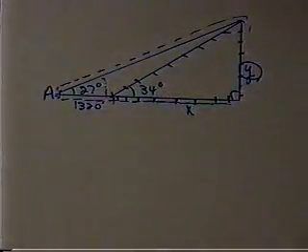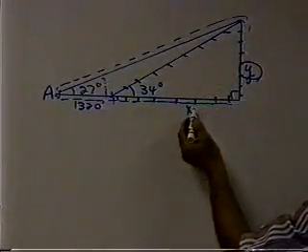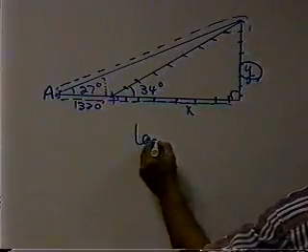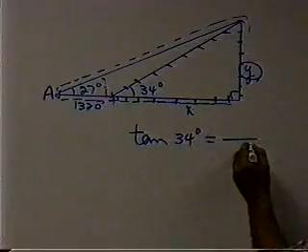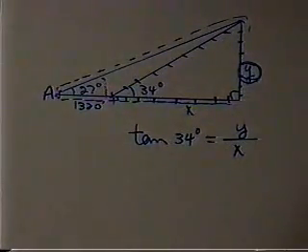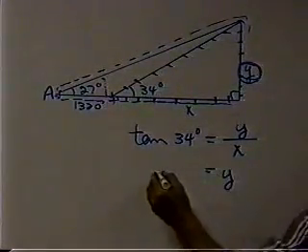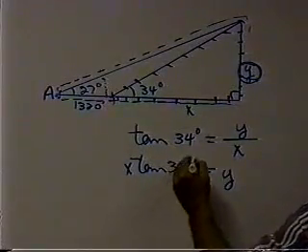The inside triangle is, let's see, this is opposite, adjacent. So all right, that's tangent. So we can say the tangent of 34 degrees is equal to the side opposite over the side adjacent. Now we're solving for y, so therefore y is equal to x times the tangent of 34 degrees.